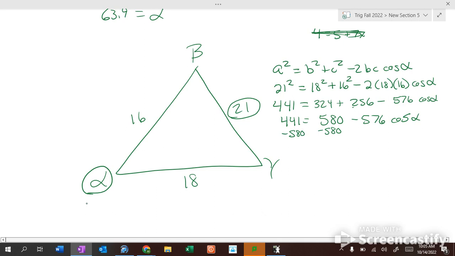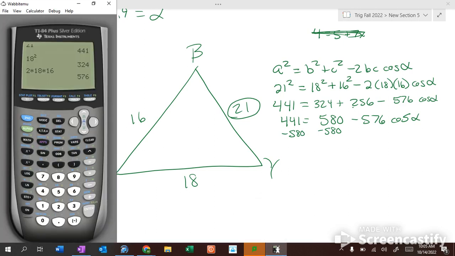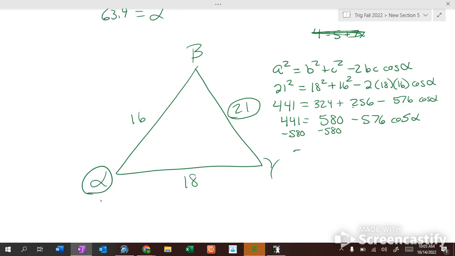Okay? So it's 441 minus 580, which is negative 139, equals negative 576 cosine of alpha. Divide by negative 576.